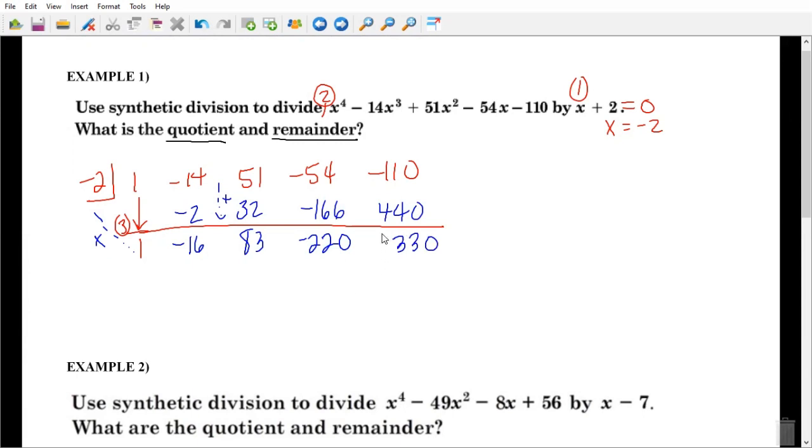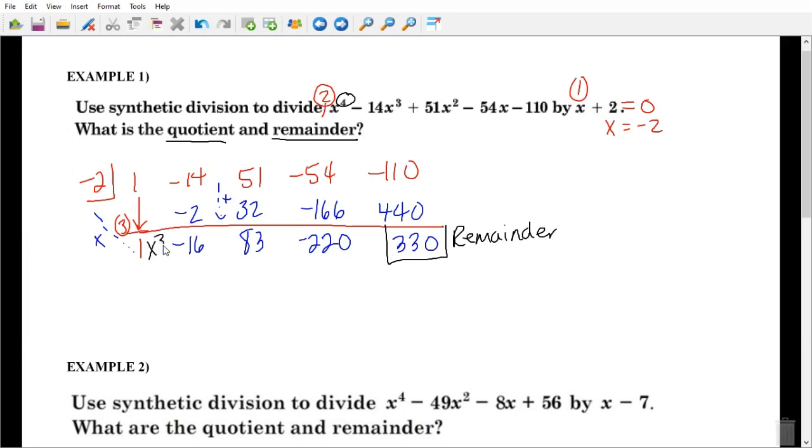So now that I'm done, I now can state my quotient and my remainder. This is my remainder. What is left at the end is your remainder. So my remainder is 330. My quotient, so I started off as a 4th degree, so my quotient is going to end as a 3rd degree.